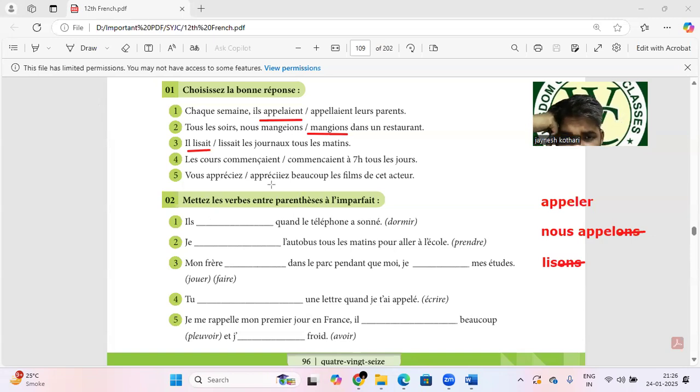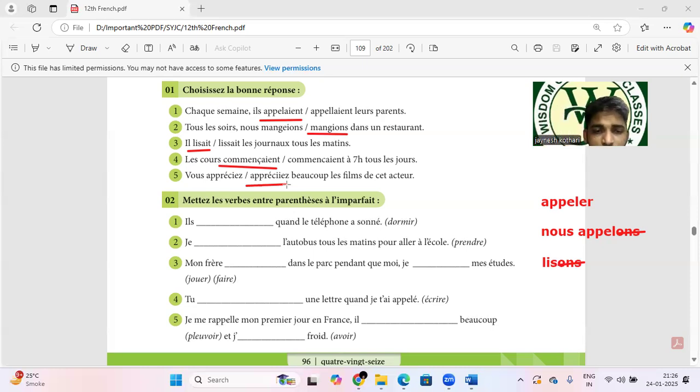Next. Fourth one. The lectures used to start at 7 o'clock every day. And you used to appreciate. Okay. यहाँ पर appreciate में double I आएगा. Students, you can see on page number 96 on the top, वहाँ पे appreciate verb दिया हुआ है.